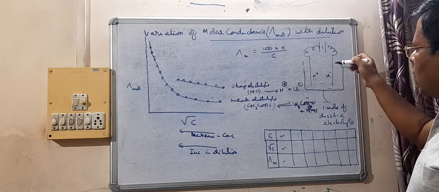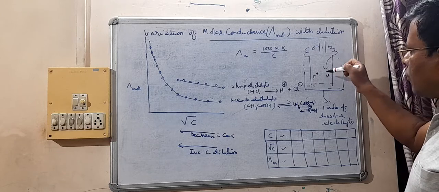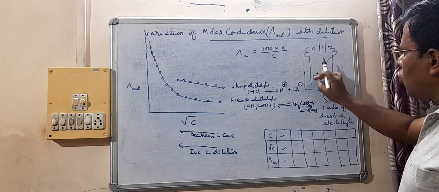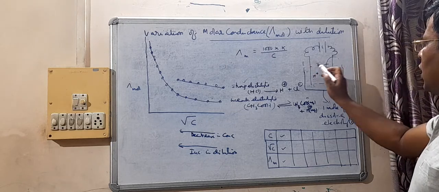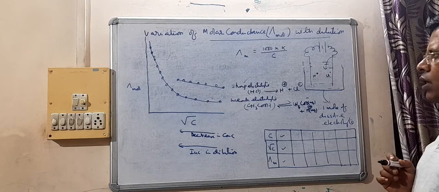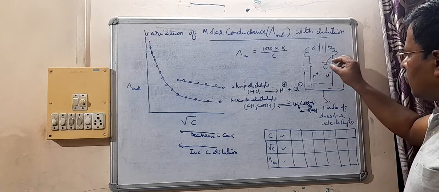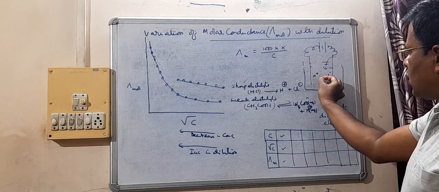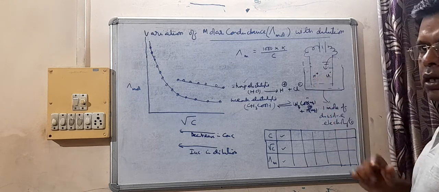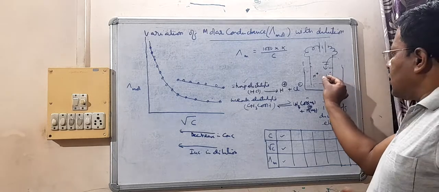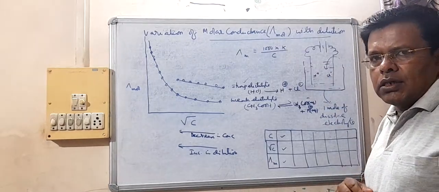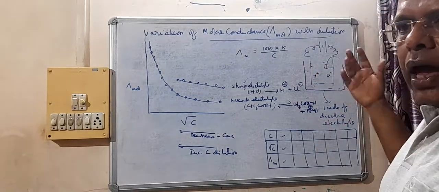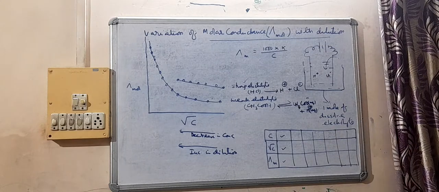Now when we keep on adding water in order to do dilution, the volume of the solution naturally will increase, and due to the increase in volume, the distance between the opposite ions will keep on increasing. And if the distance between opposite ions increases, then these ions can move more easily.